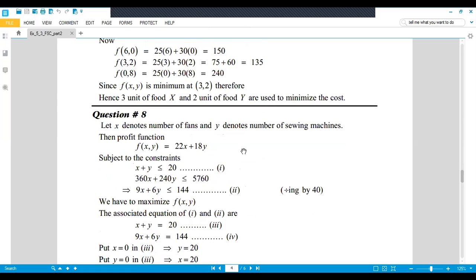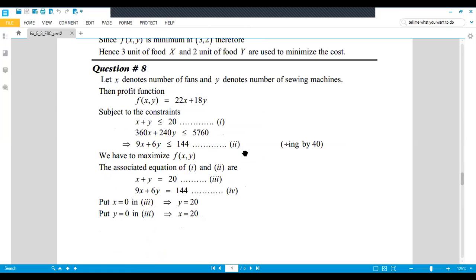Now come to the next question, question number 8. In question number 8, it is given that a dealer wishes to purchase a number of fans and sewing machines. He has only rupees 5,760 to invest, and he has space for at most 20 items.